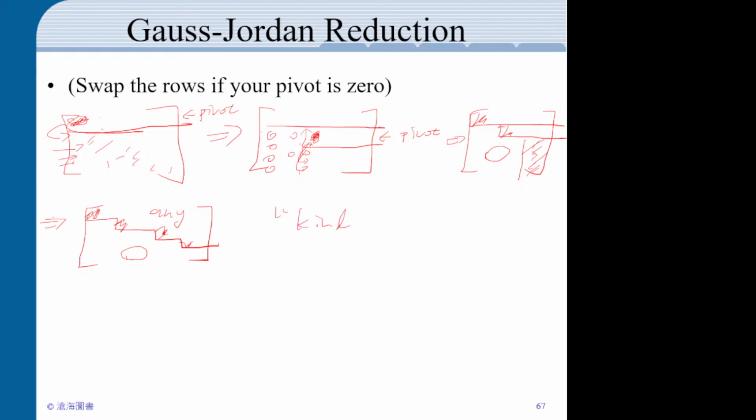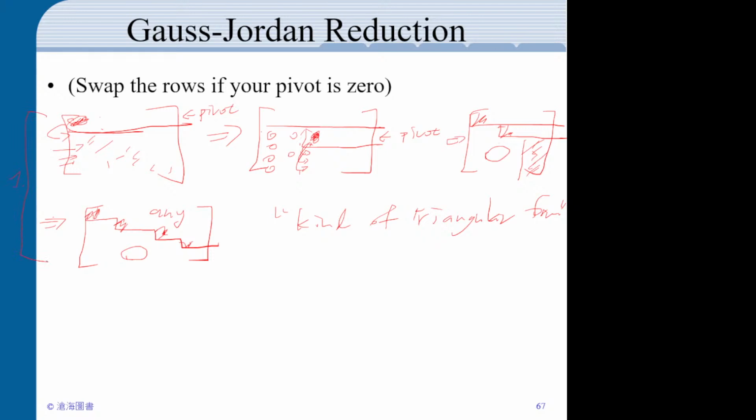We don't have a name for this, but kind of triangular form. So we were talking about strict triangular form, but this is not strict triangular form. You are trying to get strict triangular form, but sometimes it's not strict. So kind of triangular form. Okay, so these are the first step.